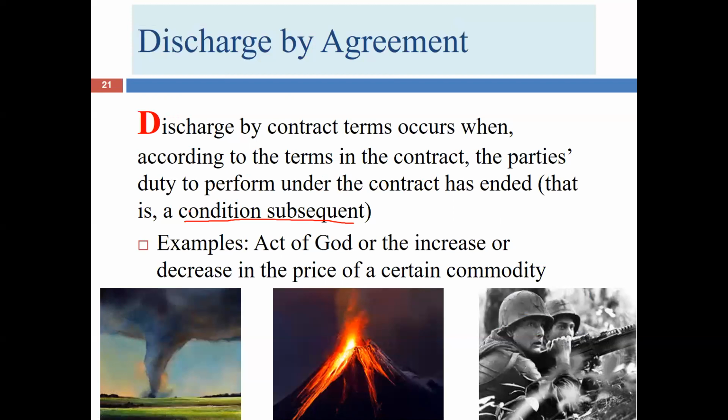Condition subsequent is a good example of that, but there could be other things. If there's a natural disaster, I don't have to necessarily perform. That might be implied or even a constructive condition under those circumstances. But maybe the contract provides if the price of a particular raw ingredient goes up to a high enough level, then the duty to perform under the contract goes away. There can be lots of different provisions.